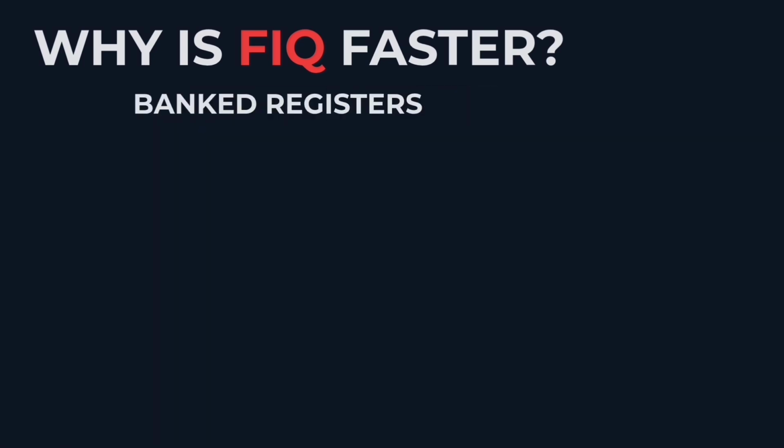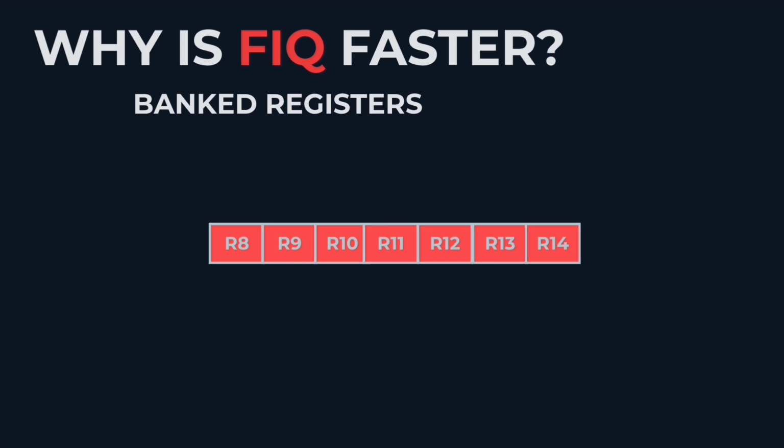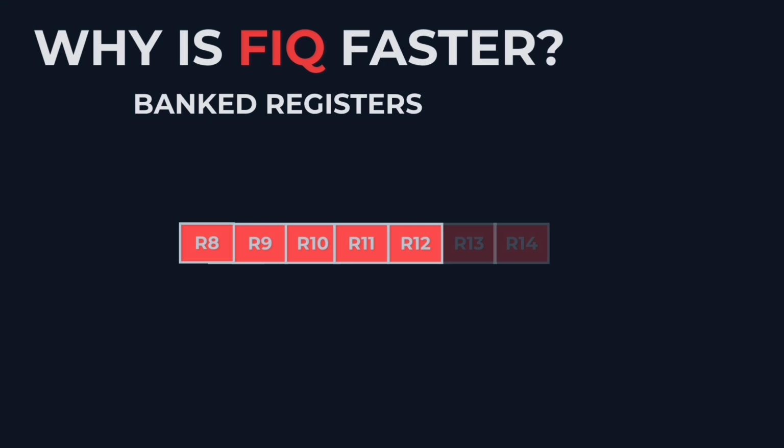A banked register is a separate copy of a register used in a specific processor mode. In FIQ mode, registers R8 to R14 are banked, but the most important ones are R8 to R12. These act like a private workspace for FIQ.